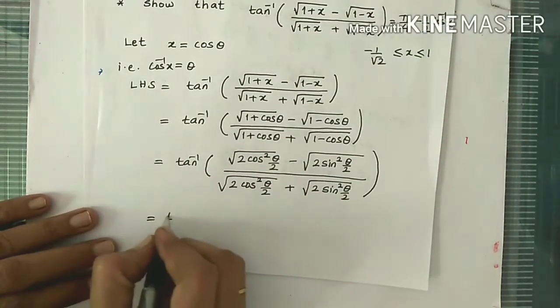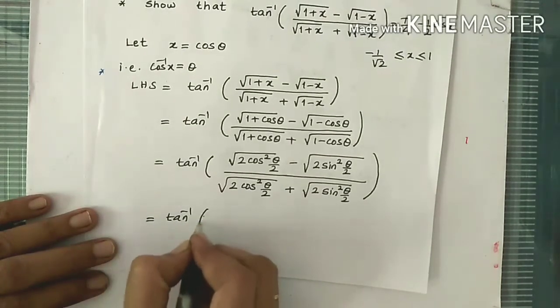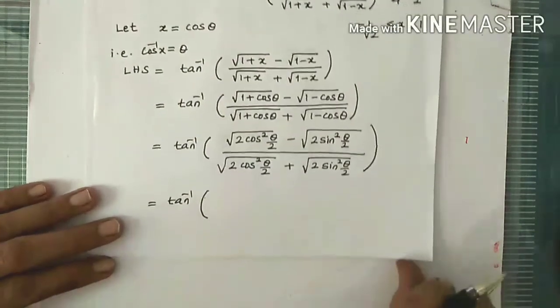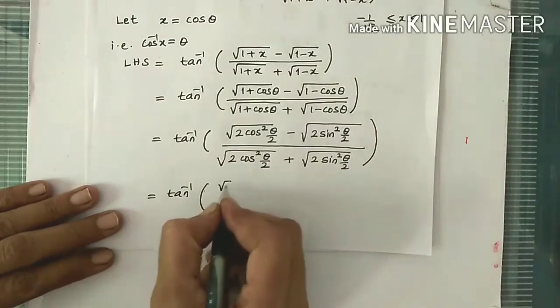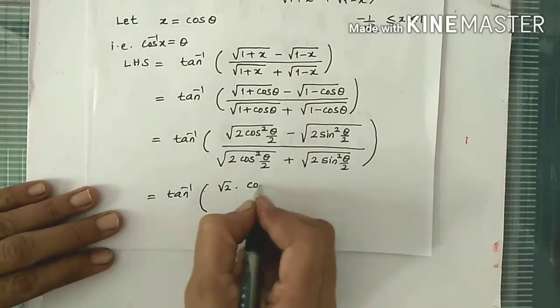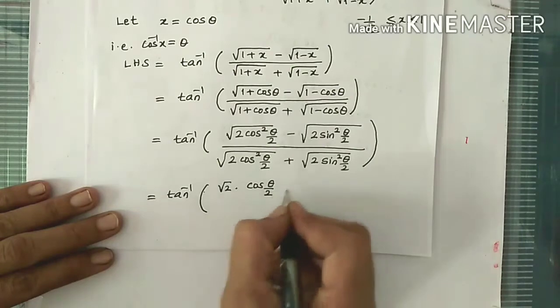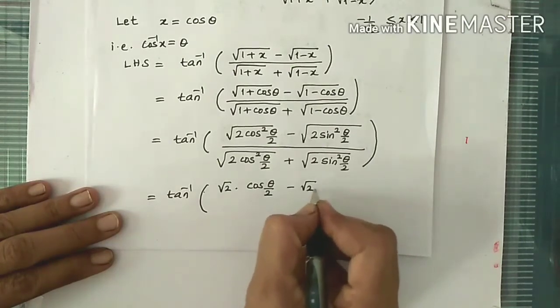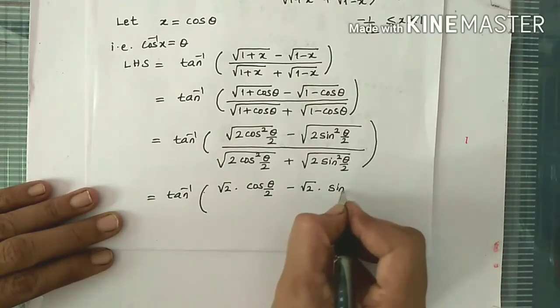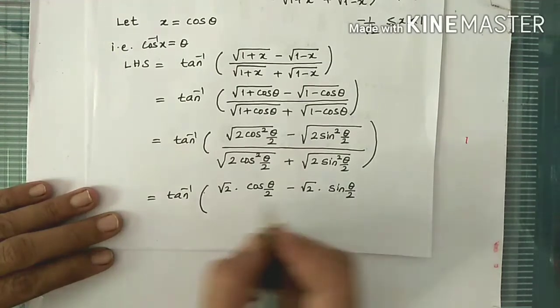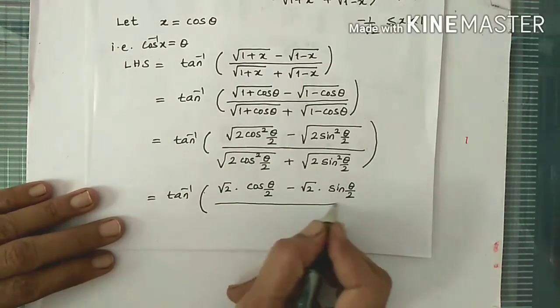Now tan inverse of, simplifying this or taking the square root, we can write this as root 2 and square root of cos square is cos of theta by 2 minus root 2 and square root of sin square is sin theta by 2.